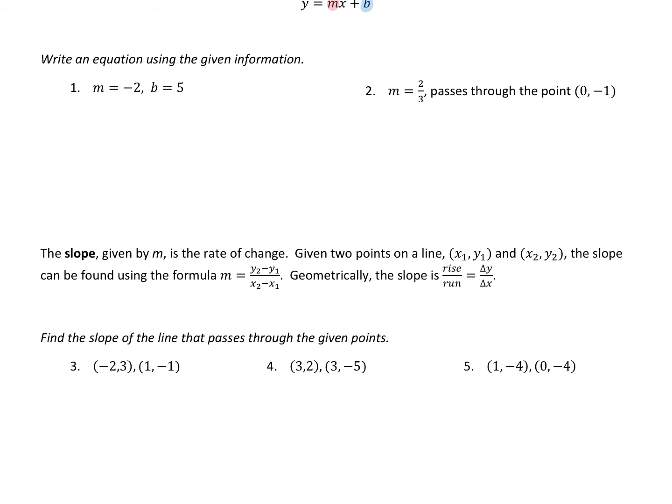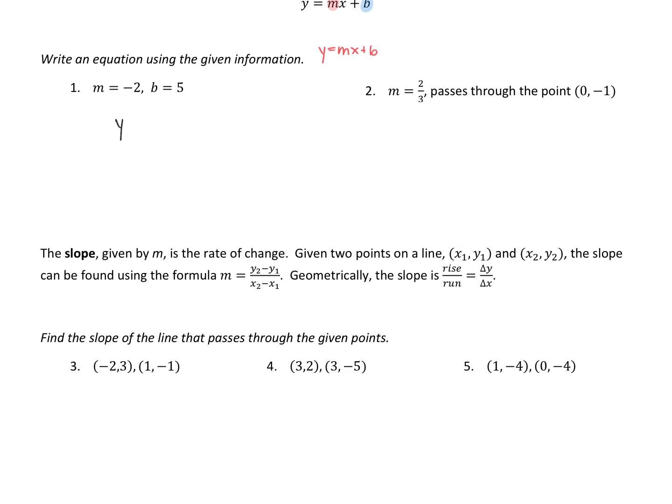Number 1 and number 2 ask us to write an equation using the given information. Whenever you're given the slope and the y-intercept, you can immediately put your answer in slope-intercept form. So what you're looking for is, do you have the slope and do you have the y-intercept, the b? Number 1, they give you the m and the b.